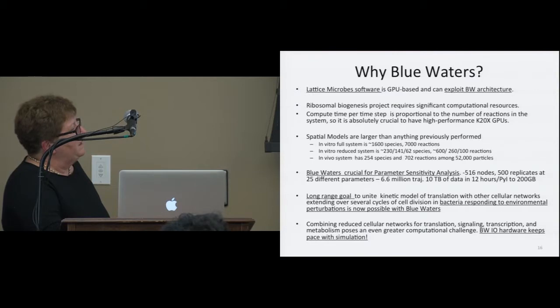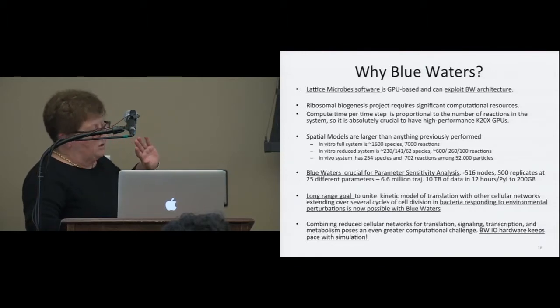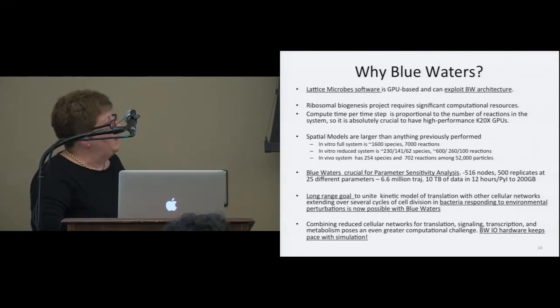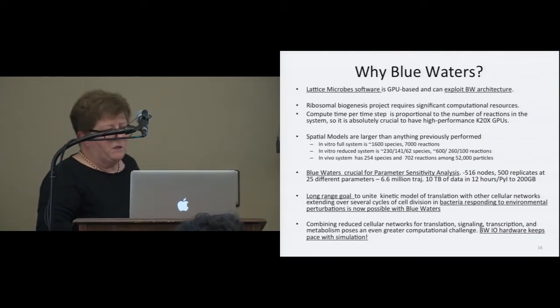So our end goal, this was just translation I showed you, is to connect it to metabolism, connect it to regulation networks, and do a full model. And one of the other real bonuses of Blue Waters is that the I/O hardware keeps pace with our simulations.